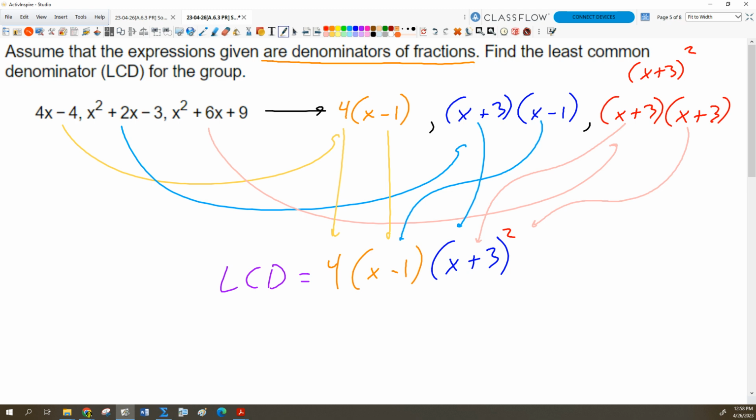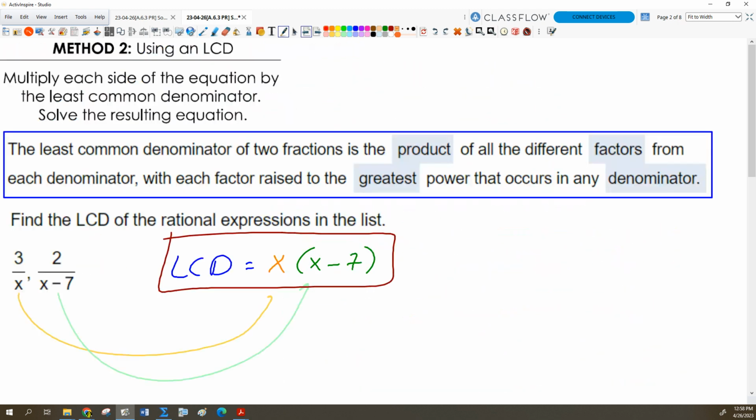Okay, make sense? We knew that had to happen, though, because let's go back to our notes on that first page right here. What's it tell us? The least common denominator of two fractions is the product of all the different factors from each denominator, with each factor raised to the greatest power that occurs in any denominator, right?